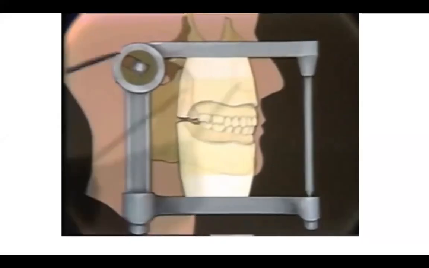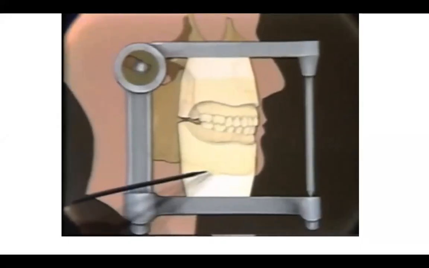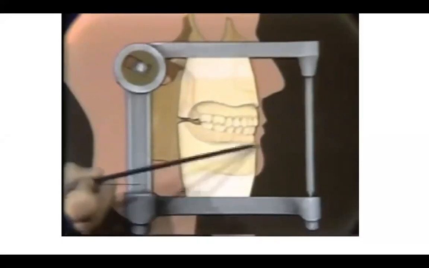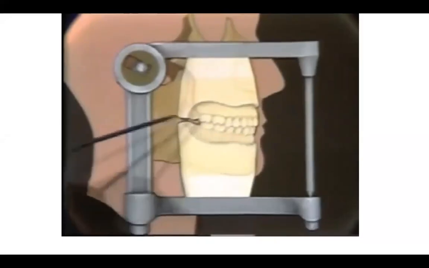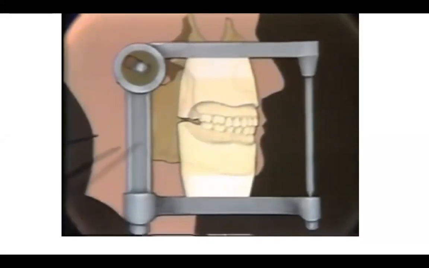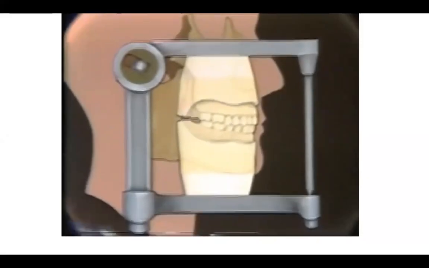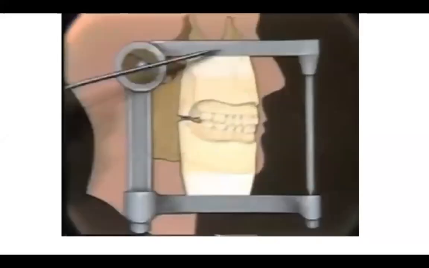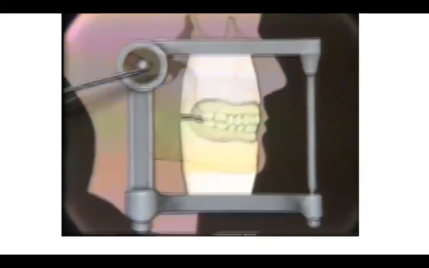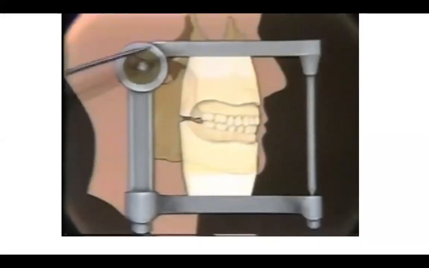Now, we have also superimposed dental casts. These are positive reproductions of the patient's mouth, and these are mounted to the mechanical device which is simulating the movements of the patient.